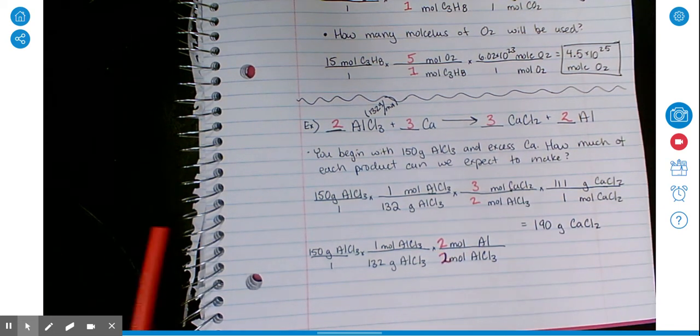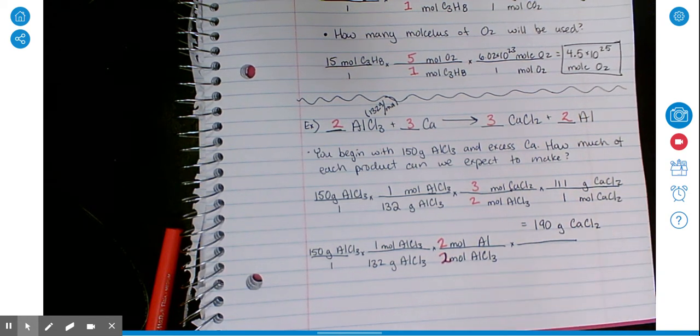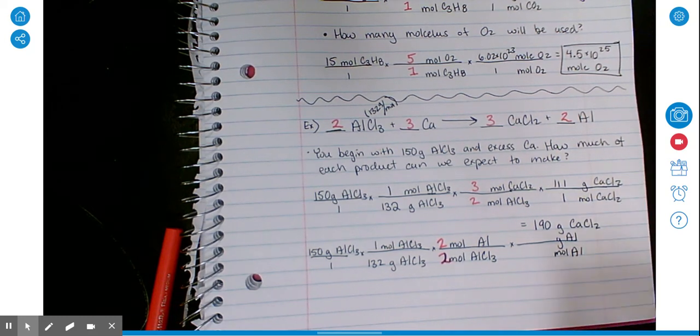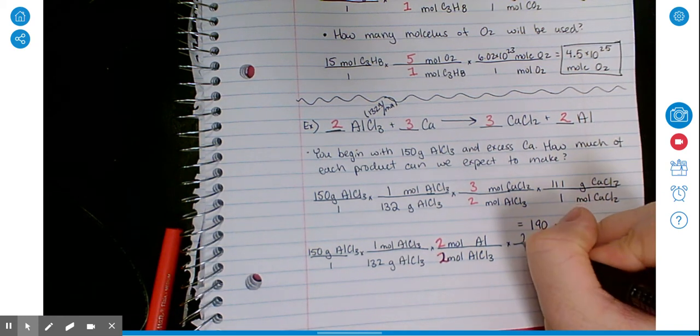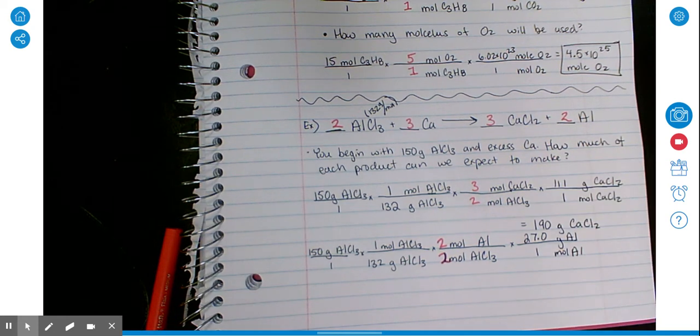So those are a 1-to-1 ratio. And then from moles of aluminum, I can go to grams of aluminum. The molar mass of aluminum is 26.98, or rounds to 27.0.